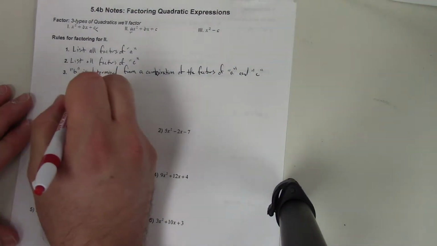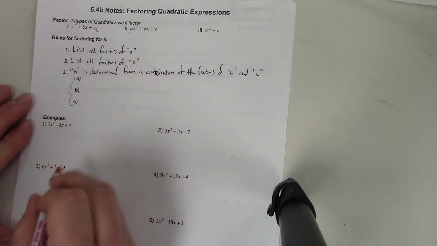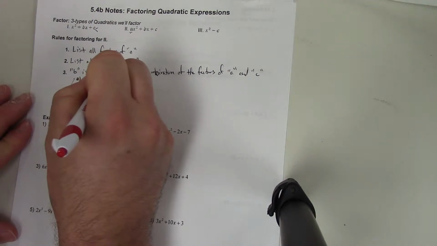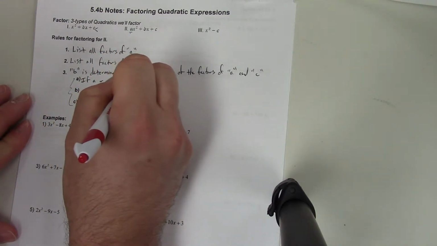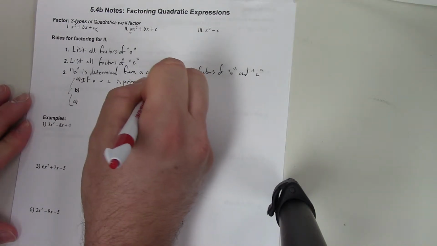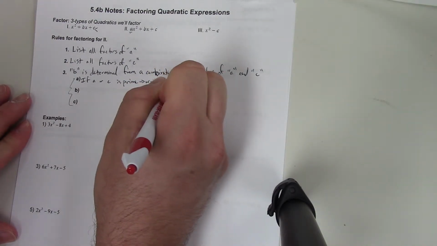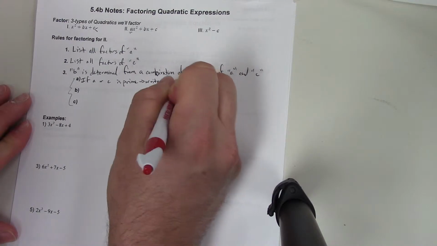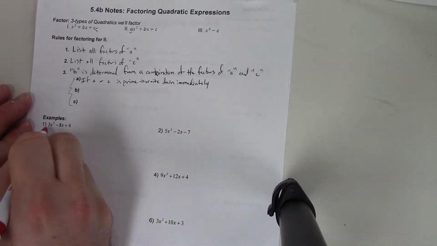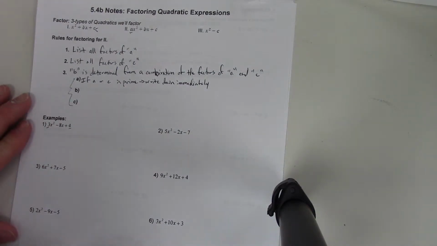What I mean by that is, and these are really hints more than anything, if A or C is prime, write it down immediately. Here's what I mean. If you look at number 1, there's A, there's C. 3 is obviously prime.